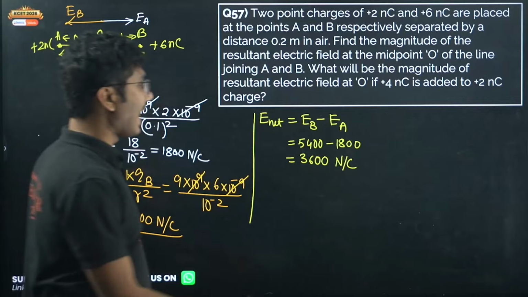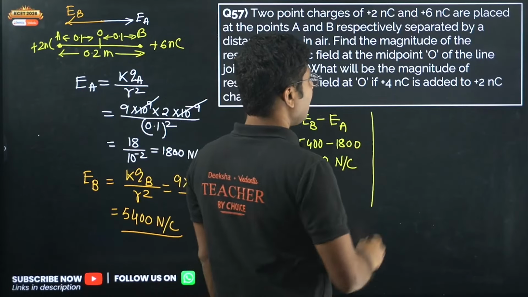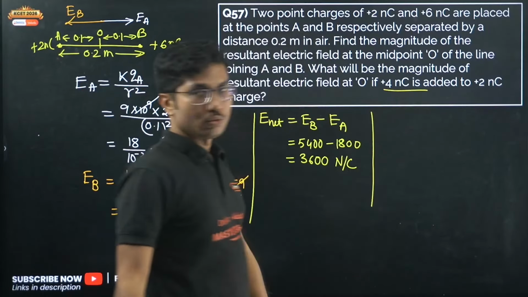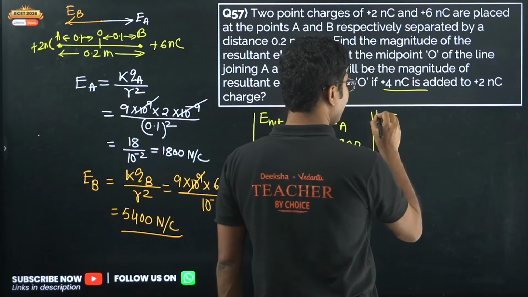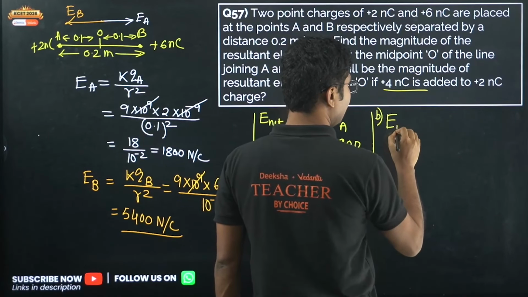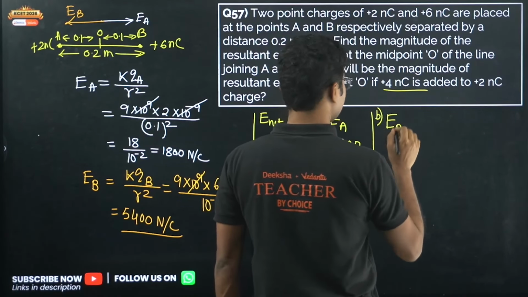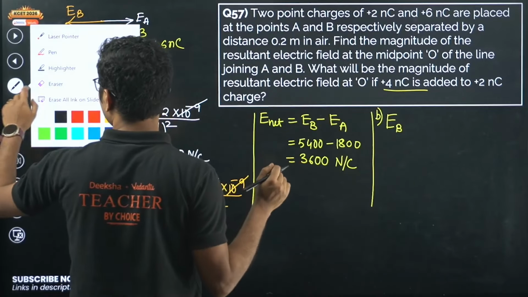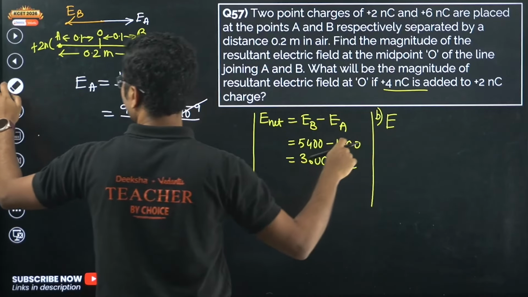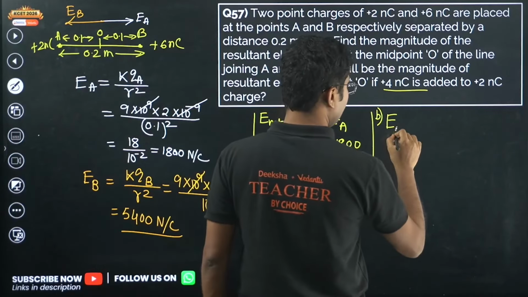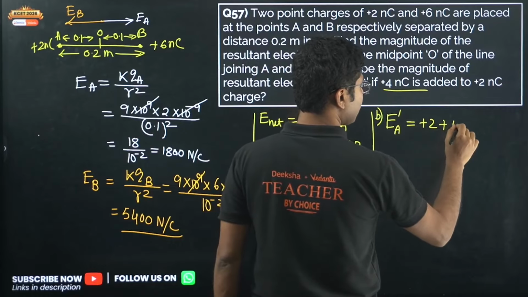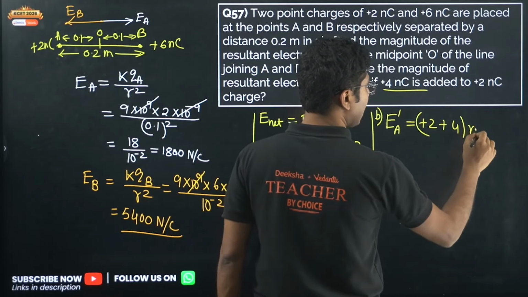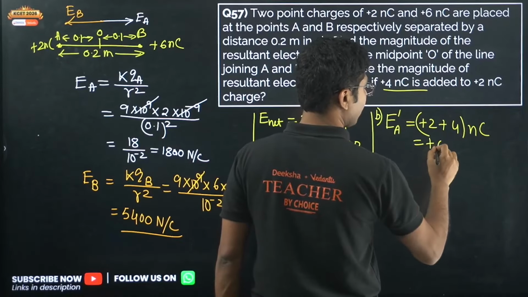Now, if you add plus 4 nanocoulomb to 2 nanocoulomb, what will be the net charge at A? So the new EA will be plus 2, already there, plus 4 you are adding, so the net charge will be plus 6 nanocoulomb.